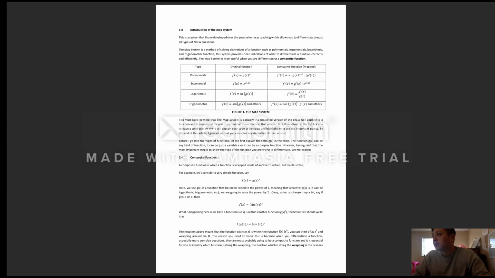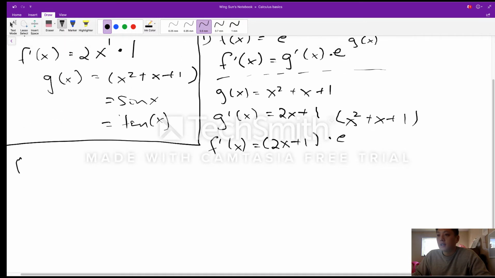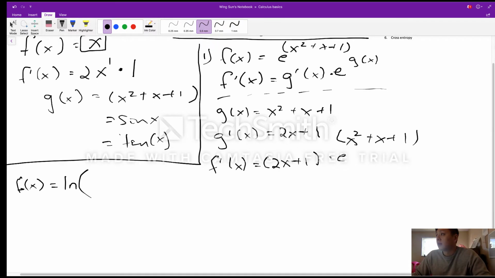So let's look at another example. You have f of x equal to the natural log of a certain function. So let's write this down. So you have f of x equal to natural log of, I don't know, maybe let's try this one. So let's go back and plug this in.